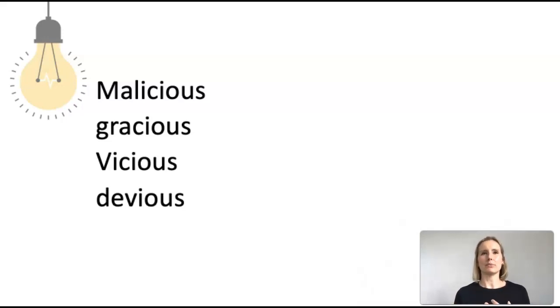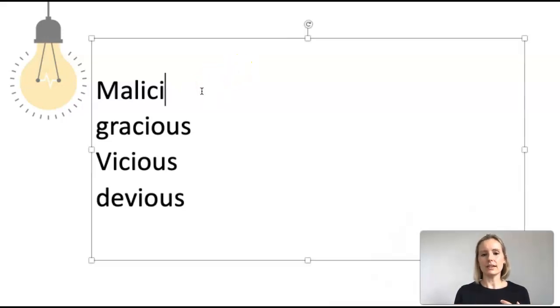It's when you do something with ill intent. So if we take off the OUS, what have we got? Now it's interesting. This I is not the same as the other I because it does not replace the Y. This is what we call a linking vowel.